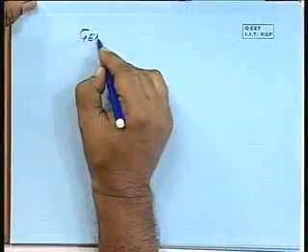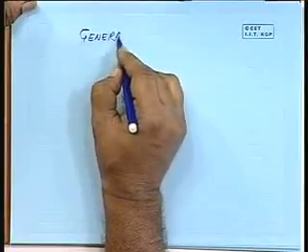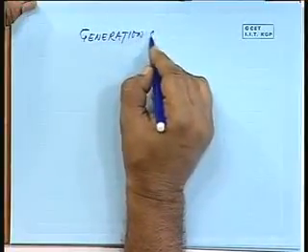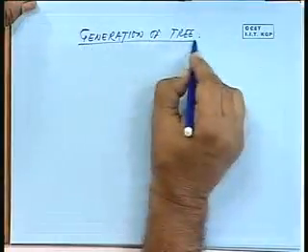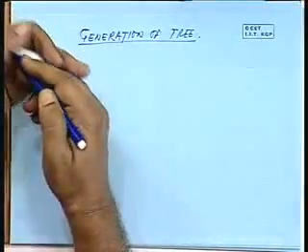Now we shall go to what we discussed last time about an algorithm for generating any possible tree, generation of tree. As I told you, this is not a unique tree.